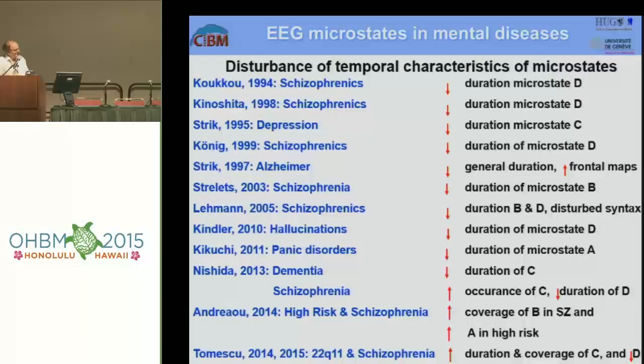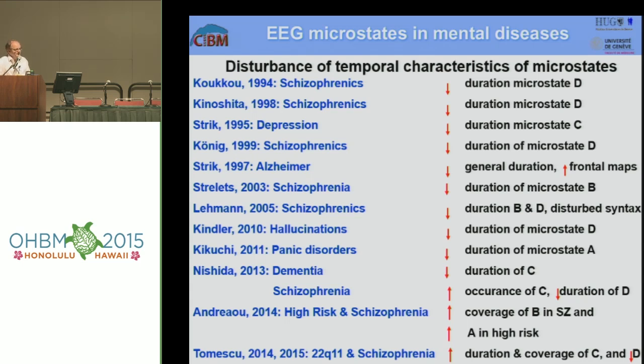And finally, the disturbances of these microstates in different psychiatric diseases. Many studies from different groups at different places have looked at psychiatric or neurologic diseases, most of them in schizophrenia, but also in depression, Alzheimer's disease, panic disorders, and some also at people who are only at risk to develop schizophrenia.